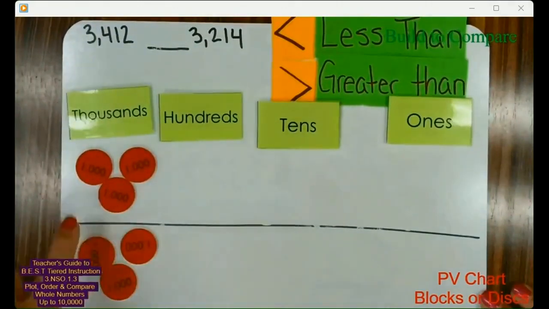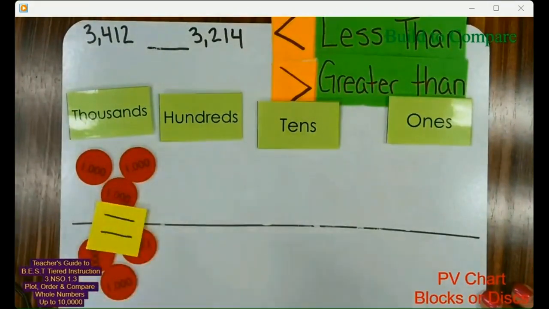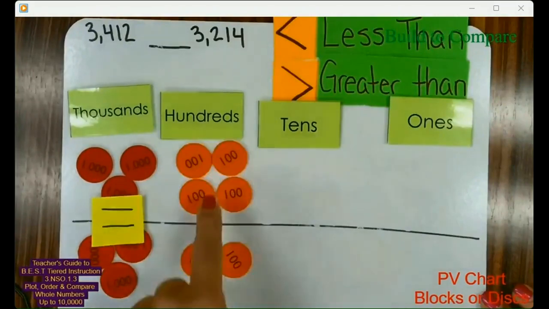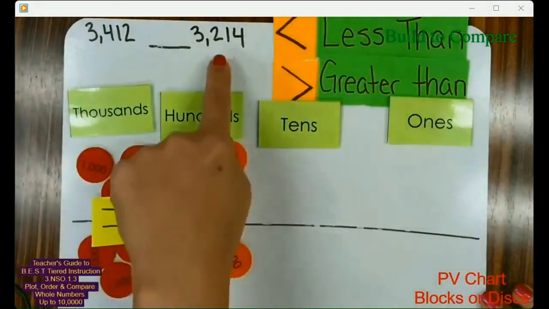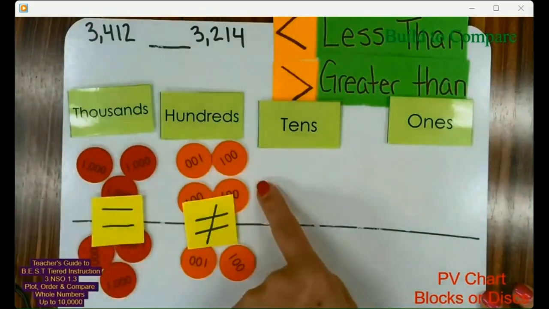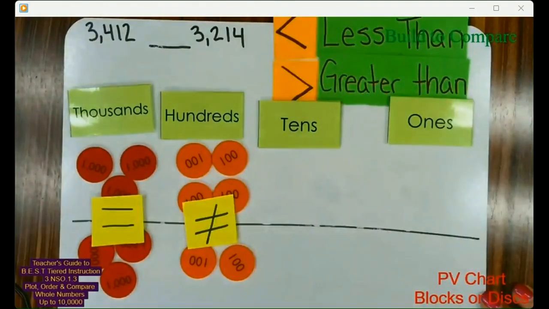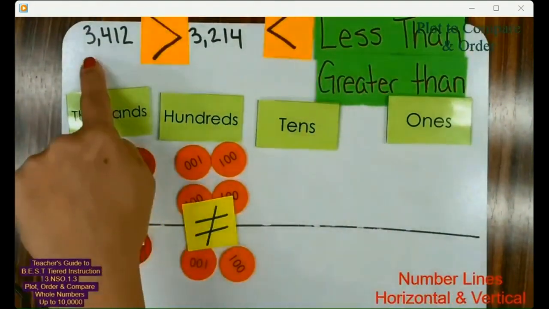So as students build it, have the conversation again of are the thousands equal or not equal? If they're equal, then we're going to go to the next place value, which would be the hundreds place. Here students can see that 400 is not equal to 200. So therefore the number on the top is greater because it has more hundreds.